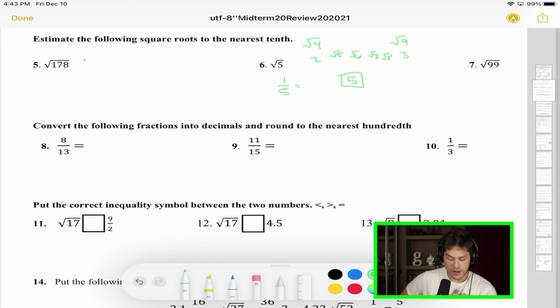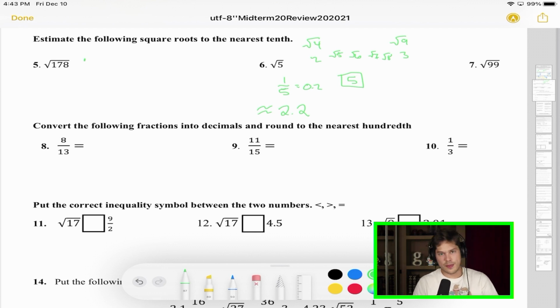And 1/5 is 0.2. So I'm going to say square root of 5 is approximately 2.2. It's approximately 2 because square root of 4 is 2, and then approximately the 0.2 because it's 1/5 of the way from square root of 4 to square root of 9.